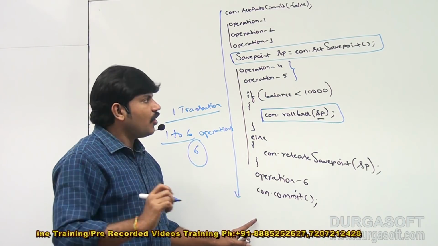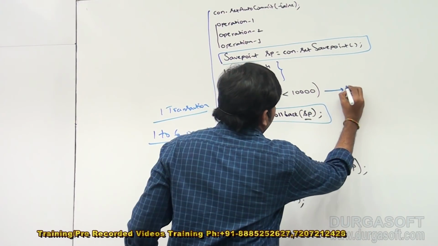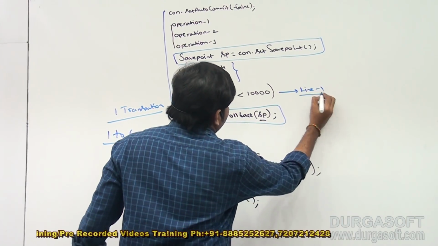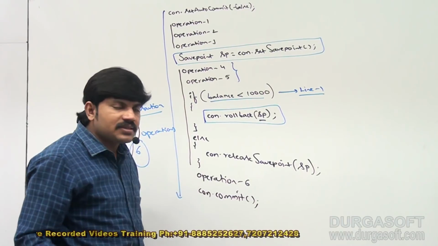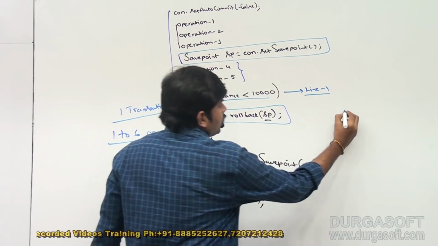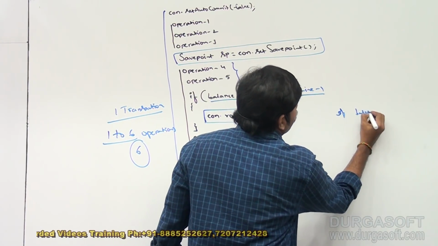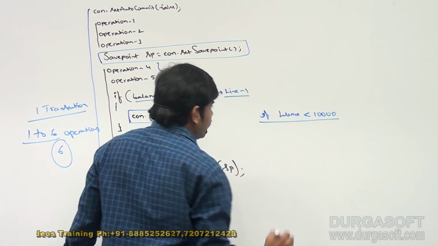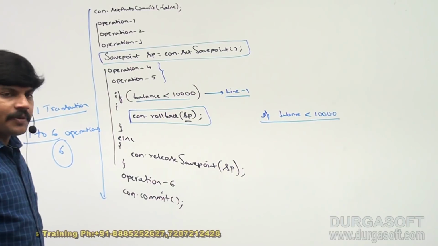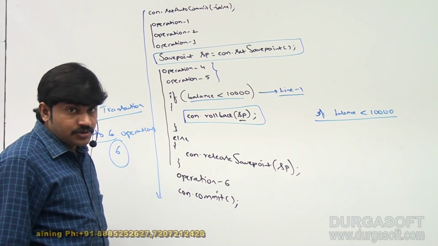Okay, now at line 1, if the balance is less than 10,000, can you please tell which operations will be performed? Please respond.